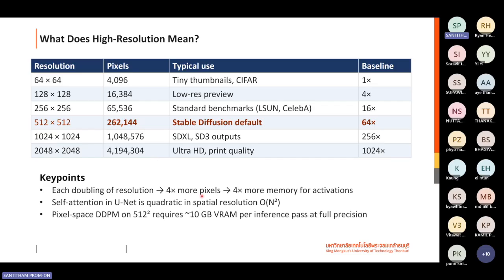It requires 4 times more memory for learning the activations. Also, self-attention over the spatial region is O(n squared). That means pixel-based DDIM at 512 will require 10 gigabytes of VRAM per inference, just per inference, in full precision, which is quite a lot. You don't want to do that.